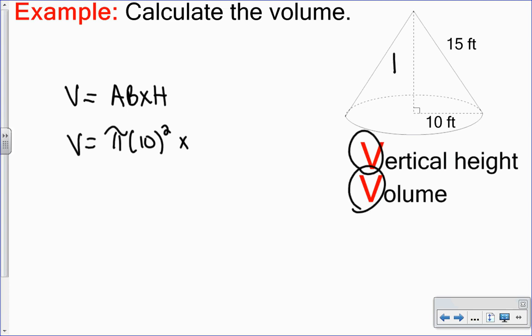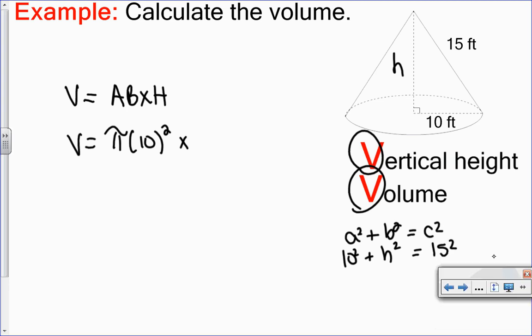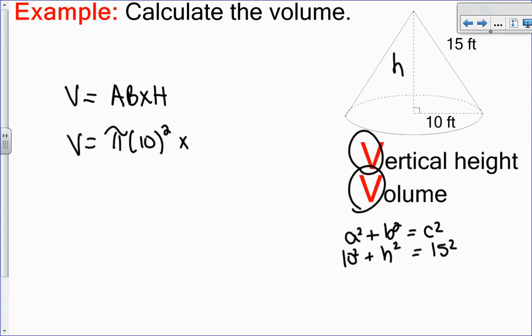So we need to use the Pythagorean theorem to find our height. So a squared plus b squared equals c squared. I always use horizontal for A, vertical for B, hypotenuse always is C. So let's figure out what the height of this cone is. So 10 squared is 100, 15 squared is 225.